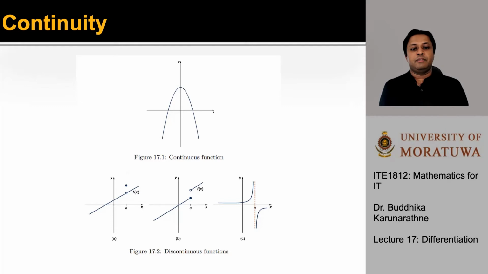For values of x greater than a, the function is different. So there's a discontinuity, and you can't draw that graph without lifting the pencil. Also in part C, you see that the function is not defined when x is equal to a. So that's also an example of a discontinuous function.